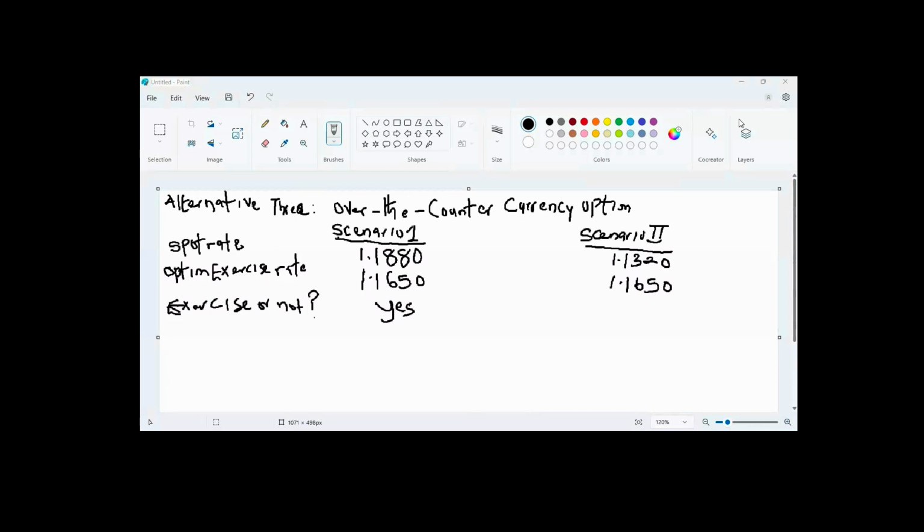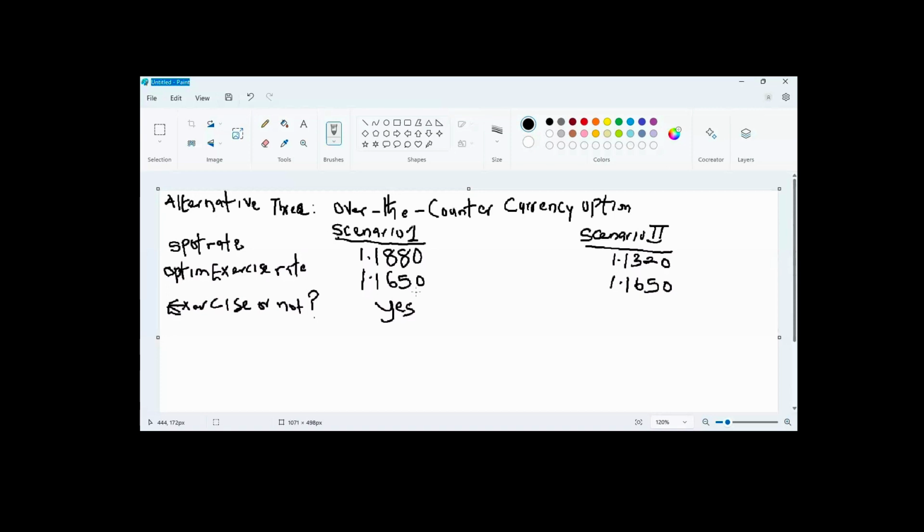Now, please check at 1.1650: 70 million divided by 1.1650.